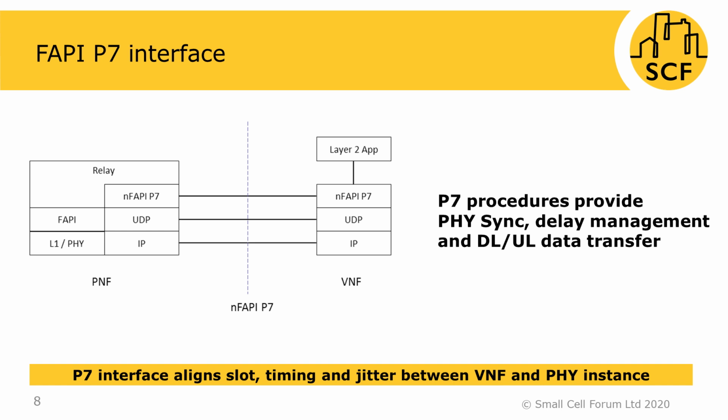It's a fast connectionless protocol with the ability to retransmit, and UDP is the choice of the protocol here, and data can be sent and received over this UDP interface in a very fast and efficient manner. The P7 interface also contains the procedures to align slot timing and jitter between the VNF and the PHY instances. So with this level of detail, I will now turn it over to Andre for giving you a deeper view of all the procedures.